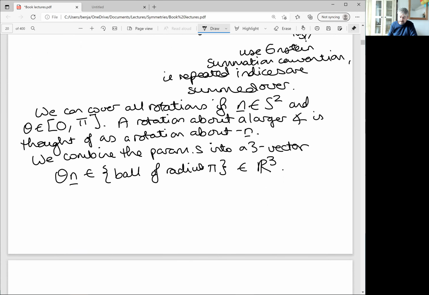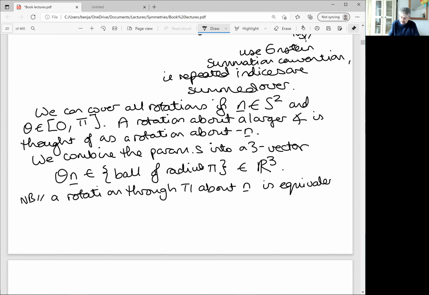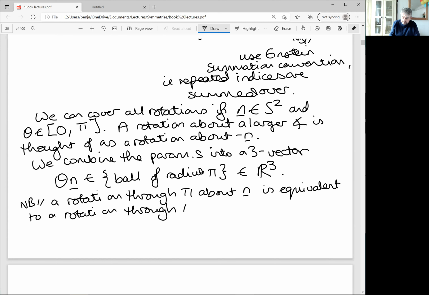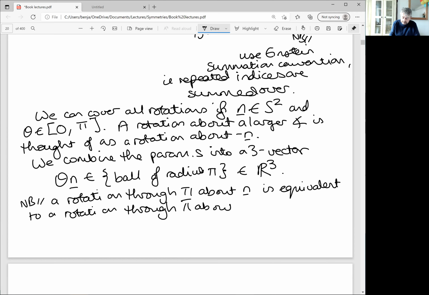But we have to notice that this ball has some peculiar properties, which is that a rotation through pi about n is equivalent to a rotation through pi about -n, which implies that opposite points on the surface of the ball are identified.